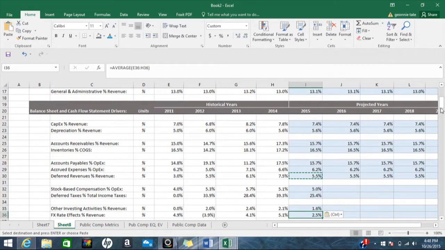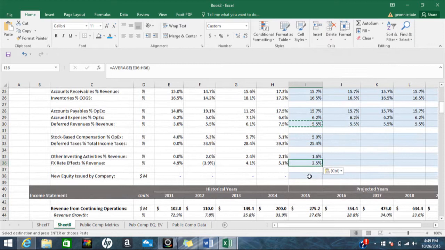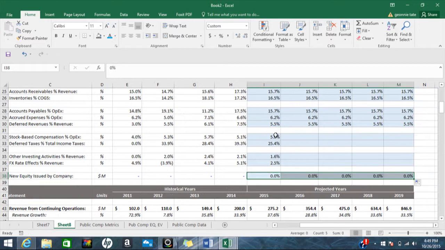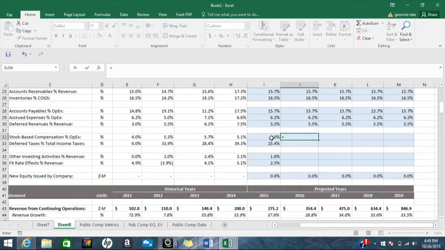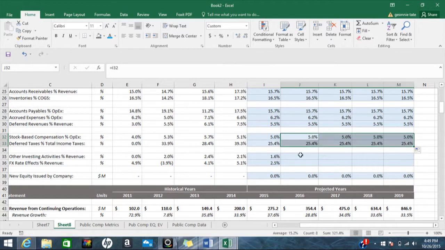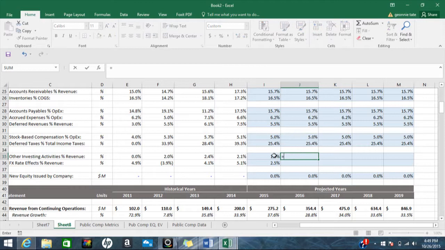That's what I'm doing here. And this is just 0. I can copy that over. And here, I'm just going to copy the same amount over. Same for here. I'm almost finished here. We can go down and start filling out the balance sheet.